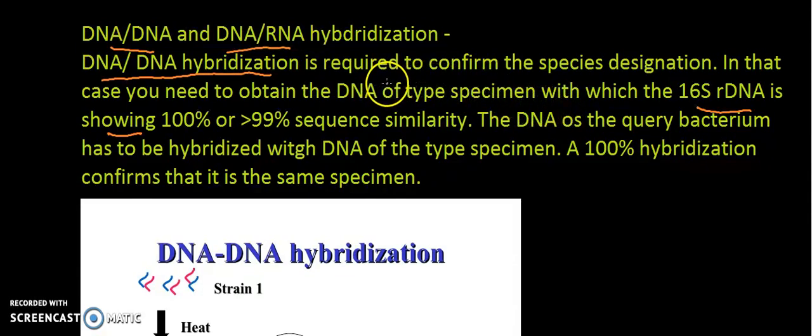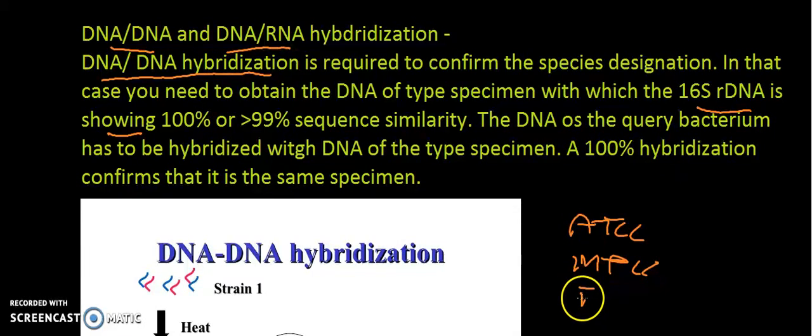The query DNA of the bacterium that you have isolated must be hybridized with the type specimen. The type specimen is the specimen on the basis of which the nomenclature of the organism is permanently attached. That means it is the same organism on the basis of which the name of the species was first given. You can obtain that from culture collection centers like ATCC or MTCC.